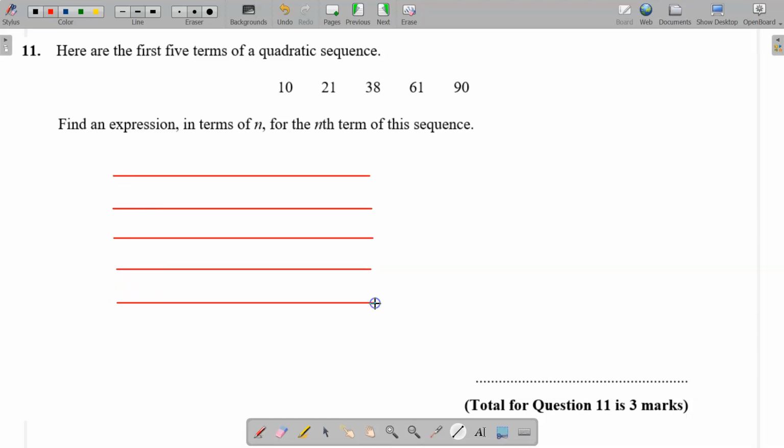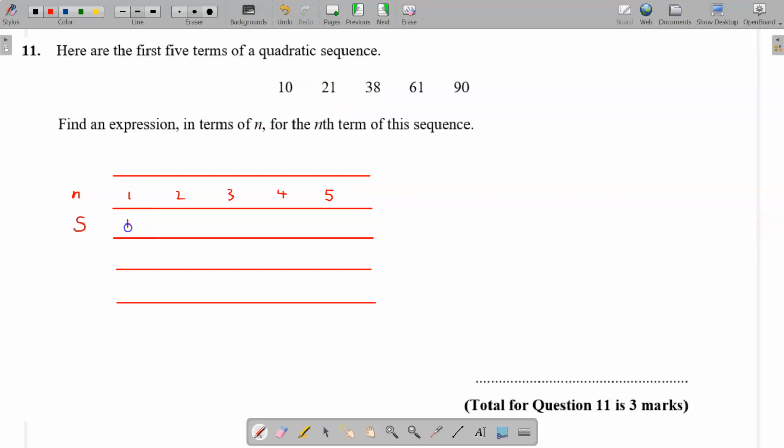And we're going to start by writing on the top here n, which is the position in the sequence: 1, 2, 3, 4, 5. And then underneath that the actual terms of the sequence, which I tend to call capital S.